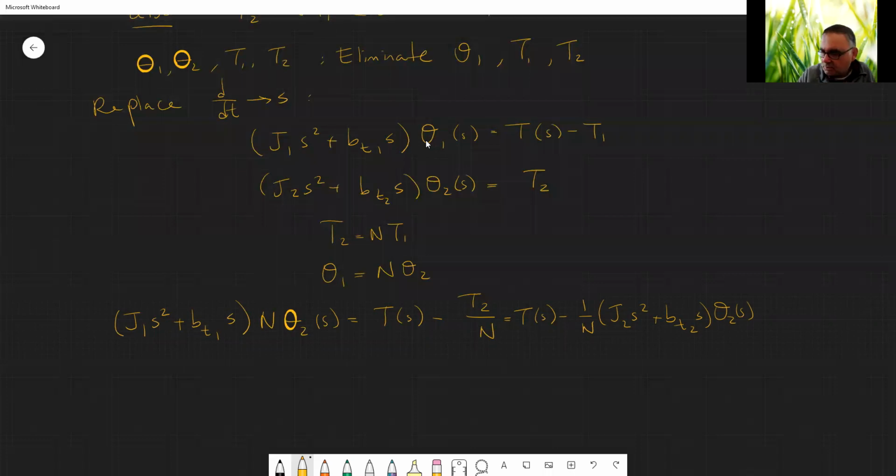You only have theta 2 and T. So you can write it as follows. J1 N squared plus J2 s squared, T1.